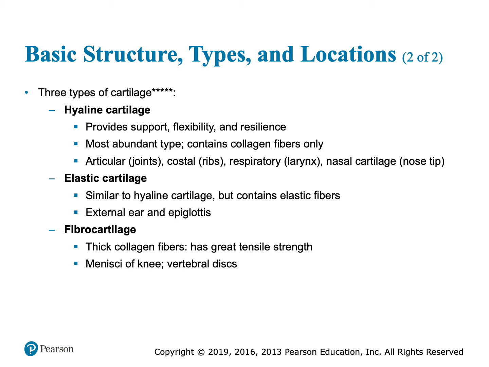Fibrocartilage, this is going to be thicker collagen, very strong. It's between your vertebrae, so those intervertebral discs are mostly fibrocartilage. The meniscus in the knee, we're going to meet those this section. They tear sometimes. Sometimes it's just wear and tear from age.